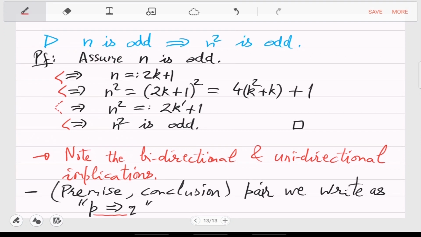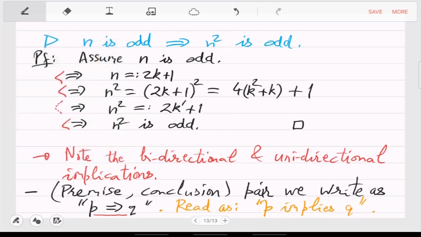So there is a premise statement, and there is a conclusion statement, and if you can go from one to the next, then we use this forward implication arrow, and we read this as P implies Q, where P and Q are mathematical formal statements.